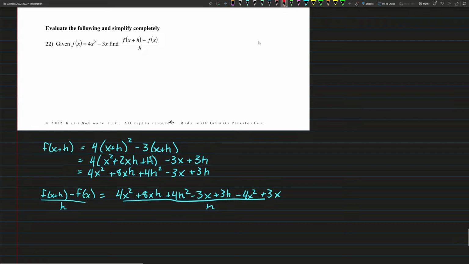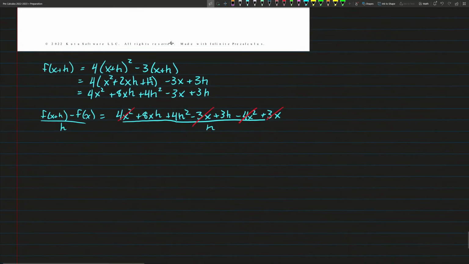Things that cancel: 4x squared cancels negative 4x squared. Negative 3x cancels 3x. And what we're left with is 8xh plus 4h squared plus 3h over h.